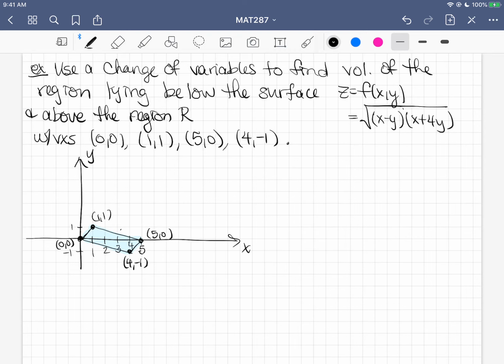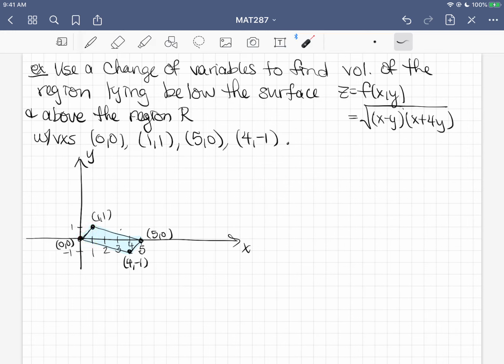You can see here I've already sketched my region R, and we could use tools from previous sections to find this volume, but you can see it would be kind of messy. If I take a vertically simple region, y is going to range from this line to this line as I move up to this point.